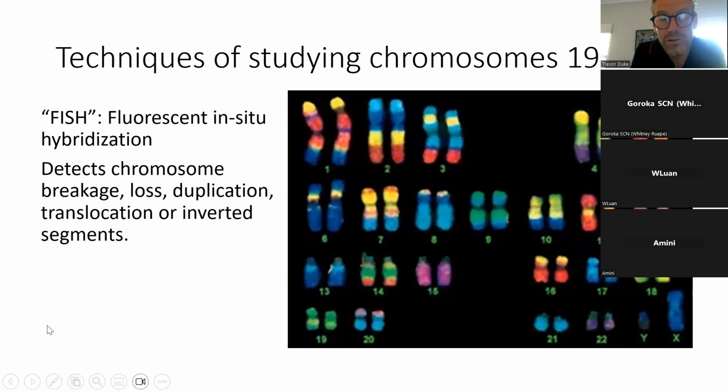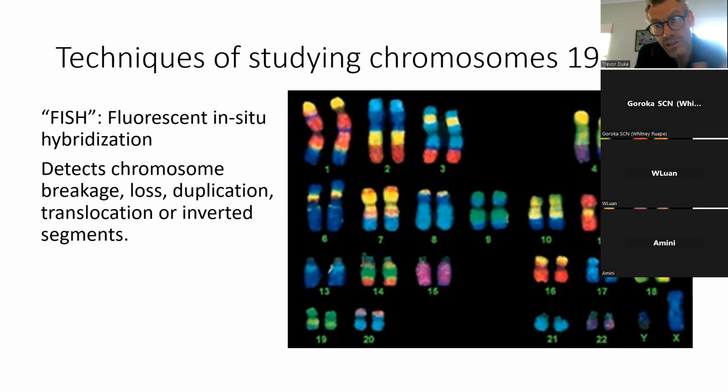After I showed you Giemsa banding to start with, and that was the earliest way in which chromosomes could be identified and genetic diseases identified, chromosomal abnormalities identified. In the 1970s came a more modern way and a more detailed way of looking at chromosomes, and this is called FISH, or fluorescent in situ hybridization.